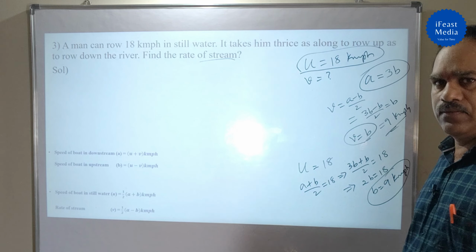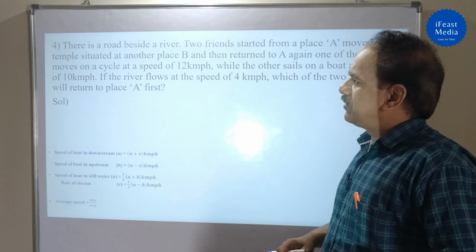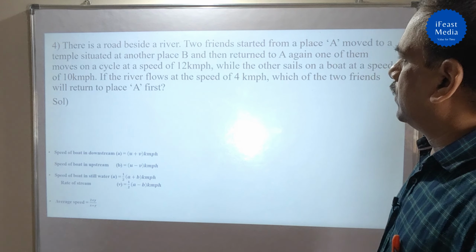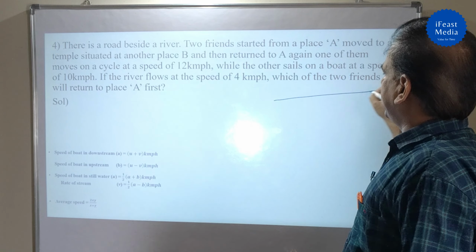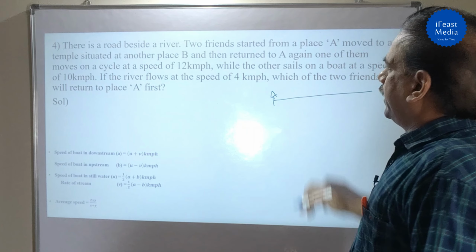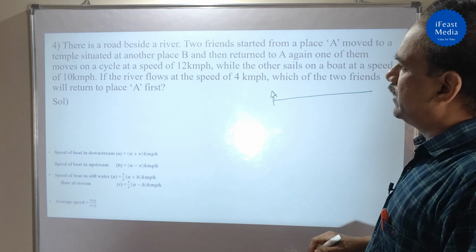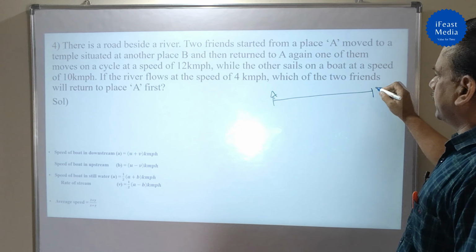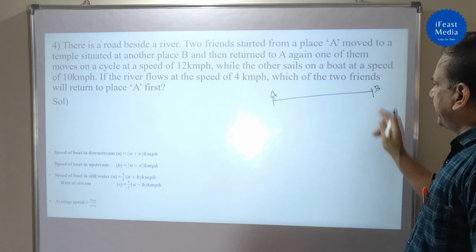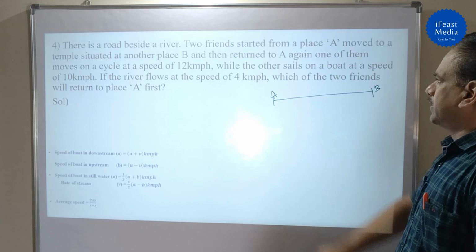Right. So coming to this problem, there is a road beside a river. Two friends started from a place A and moved to a temple situated at another place B and returned to A again.